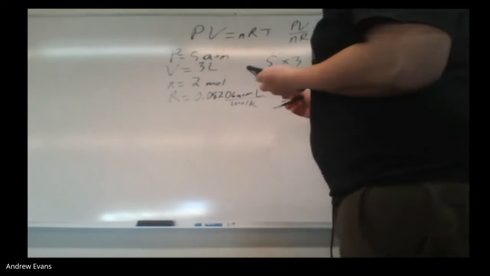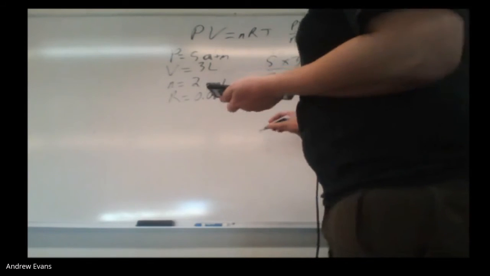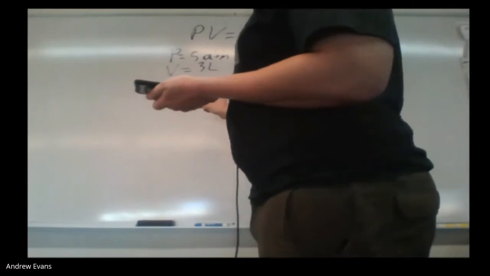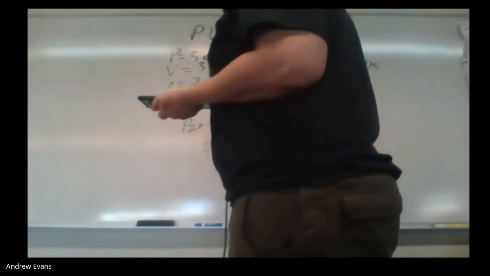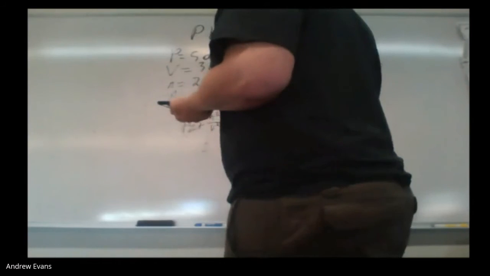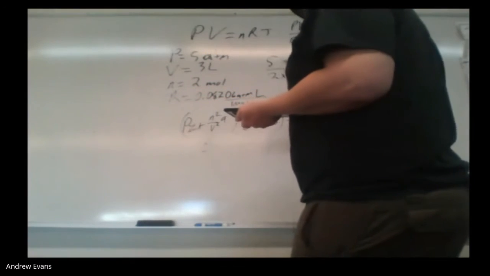Now, under similar conditions, for the non-ideal, we have to account for P plus n squared over V squared times a, times V minus nb, equals nRT.